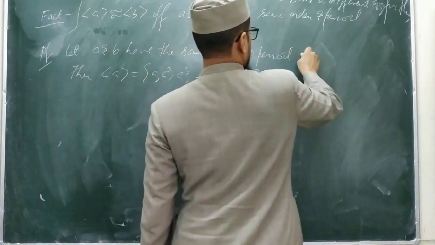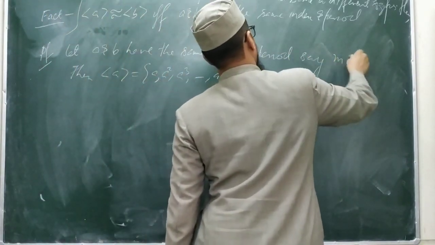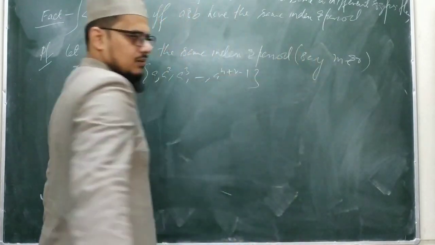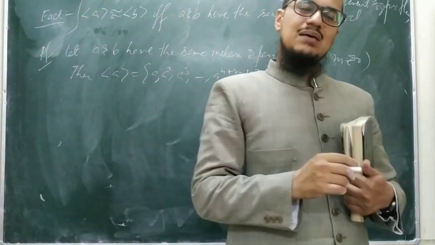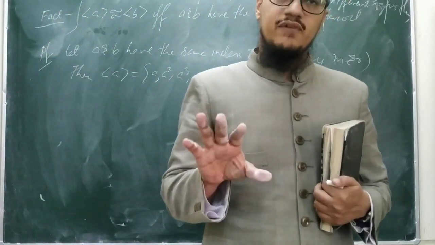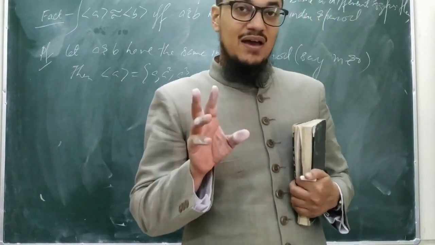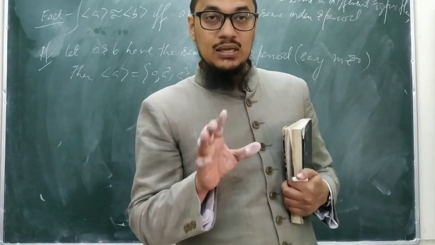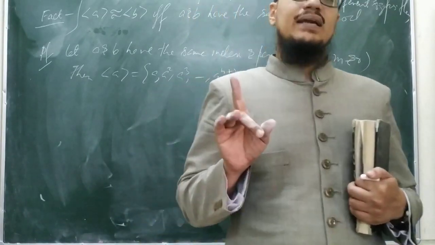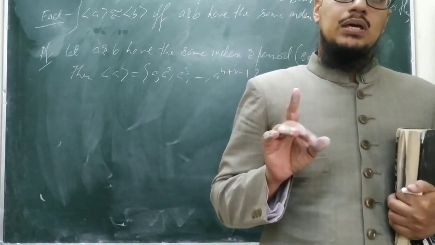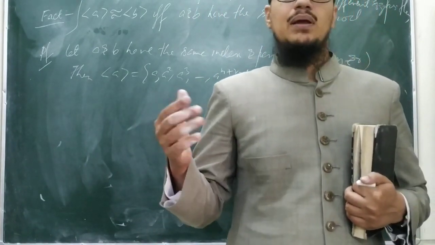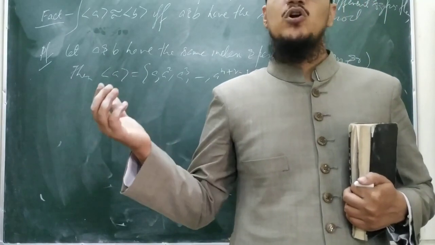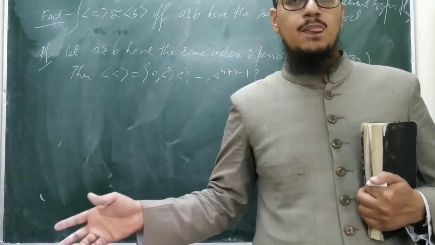Say index m and period r. No doubt that once the element has finite order, then we have the second case, that is, the monogenic subsemigroup is not infinite. It will be equal to A, A squared, and so on, A to the power m, A to the power m plus 1, and so on up to A to the power m plus r minus 1.